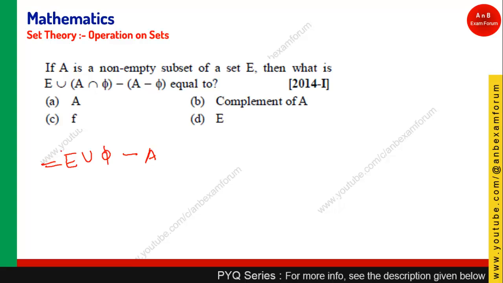Okay, let me make one bracket for this. Okay, so E union phi, anything in union with phi, you will have the same set.